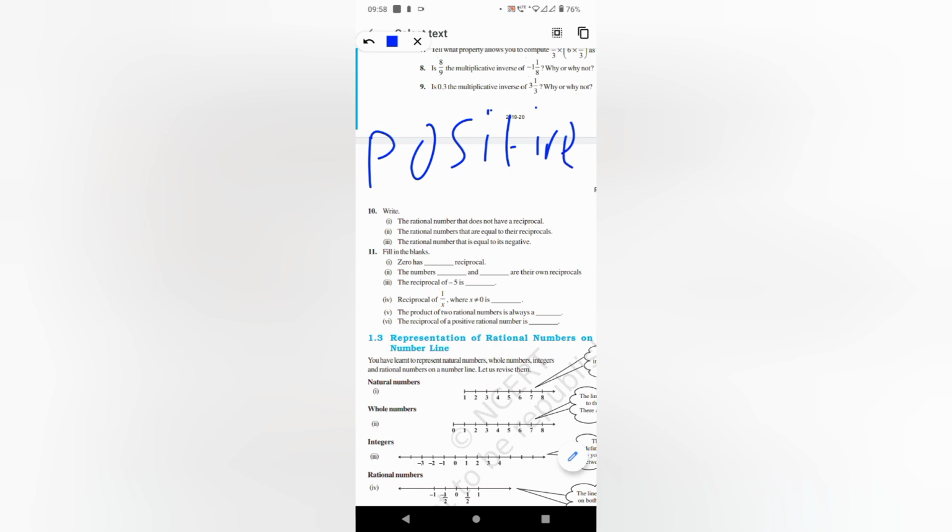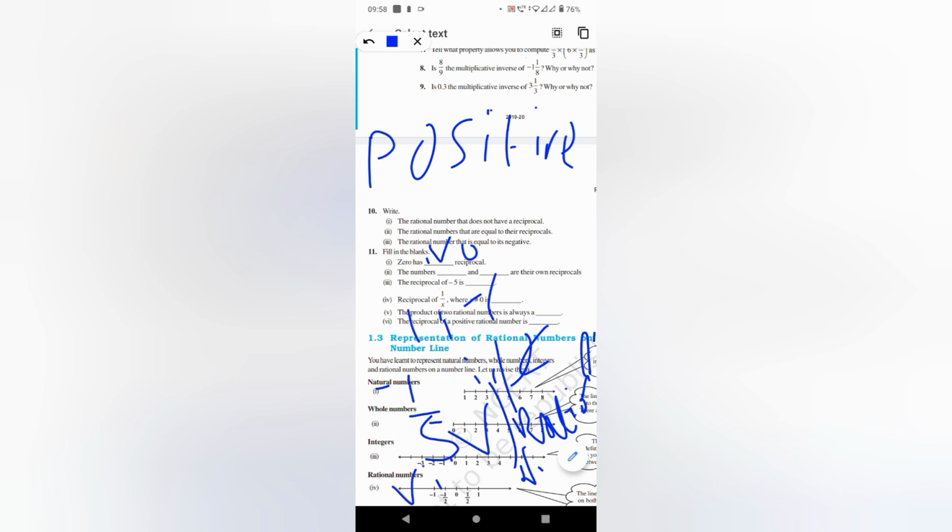The first one is no, the second is 1 and minus 1, the third one is minus 1 upon 5, the fourth one is x, the fifth one is rational number, and the sixth one is positive.